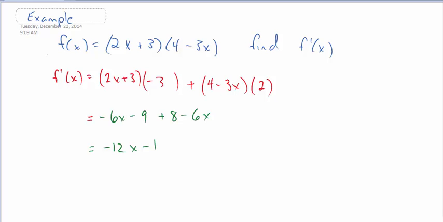And recognize that we could have taken f of x and FOILed, expanded that out, and then used the power rule on each term to come up with this very same derivative, but knowing these rules to differentiate will make very complicated functions much, much simpler and more fun to differentiate.